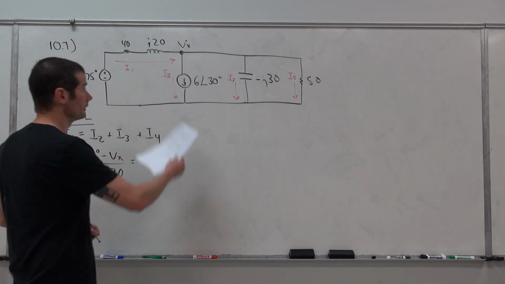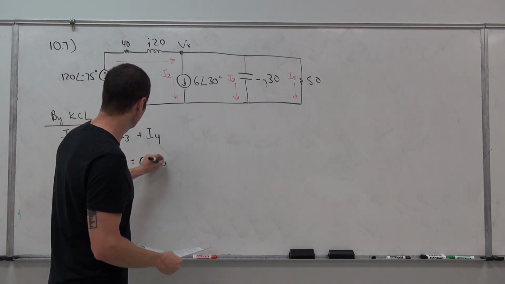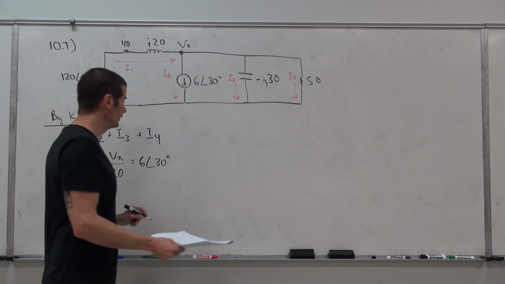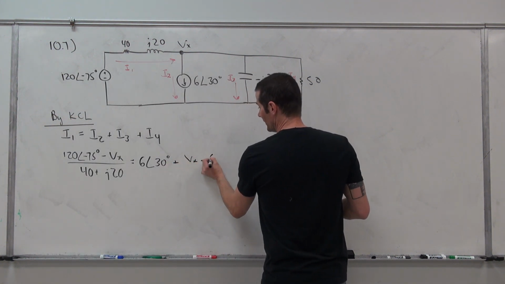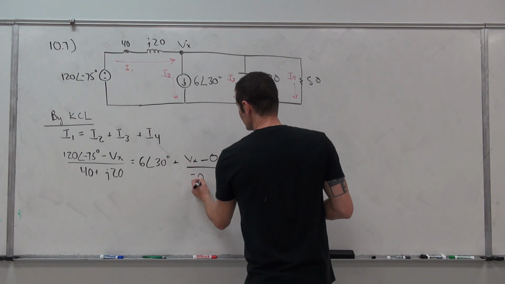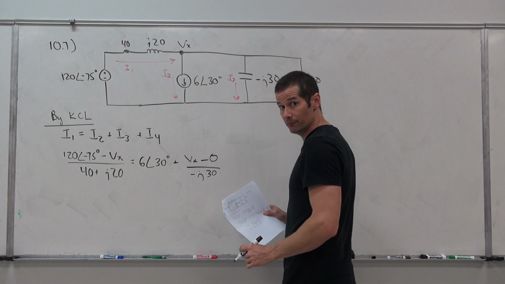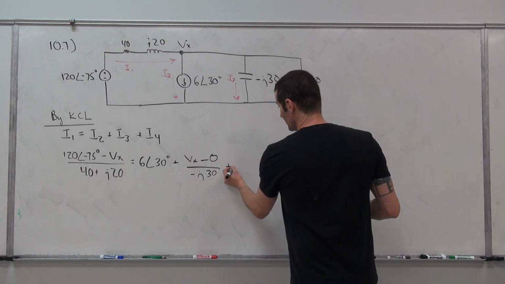And that's equal, if we look at these currents here, to 6 at an angle of 30 degrees, and then here we have Vx minus 0 divided by negative j30, and then Vx minus 0 over 50.